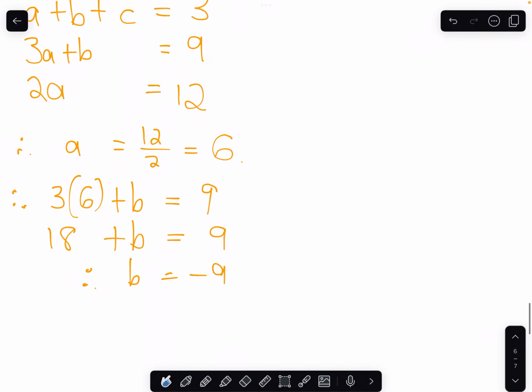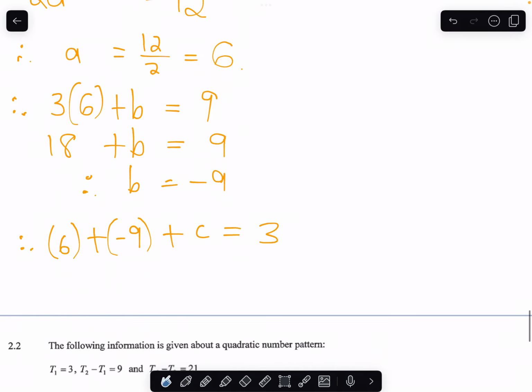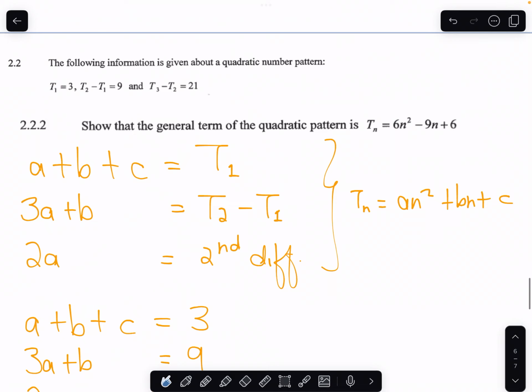Then lastly, we can work out C by putting it into the last equation, well, the last equation being the first equation. So that is 6 plus negative 9 plus C is equal to 3. So that is negative 3 plus C is equal to 3, and therefore C must be 6. And indeed, C is 6.